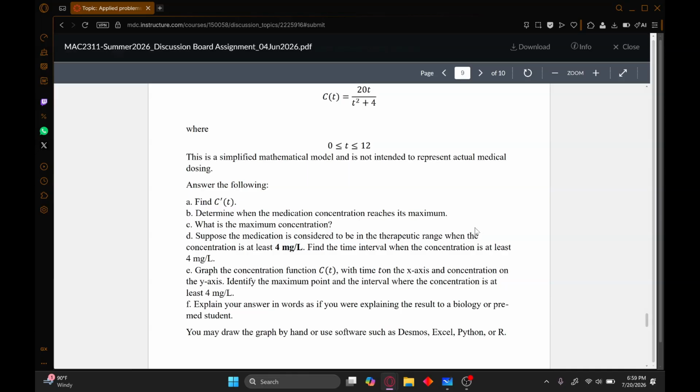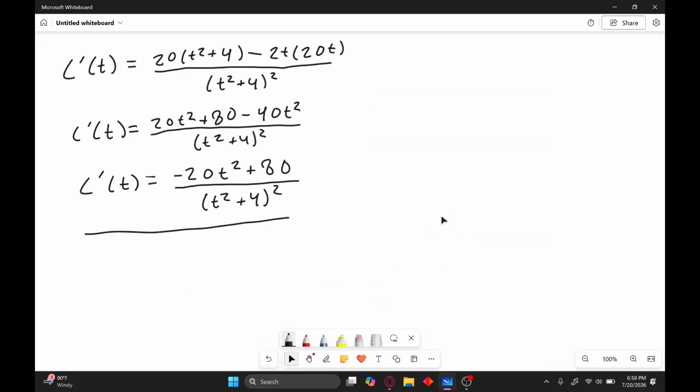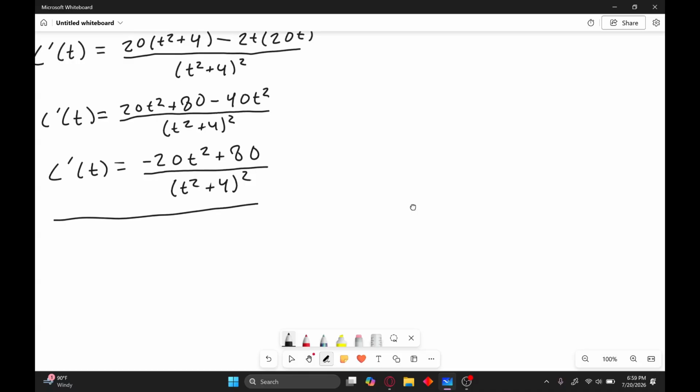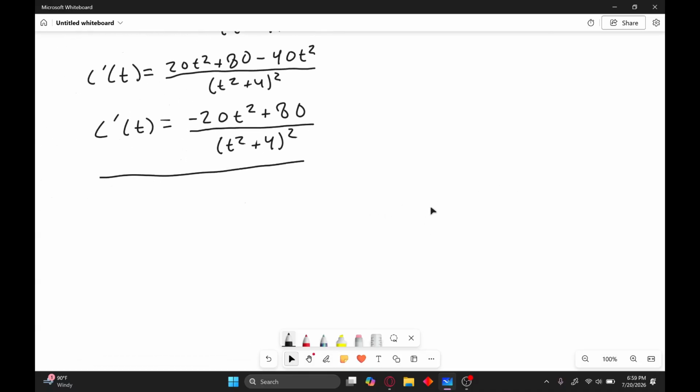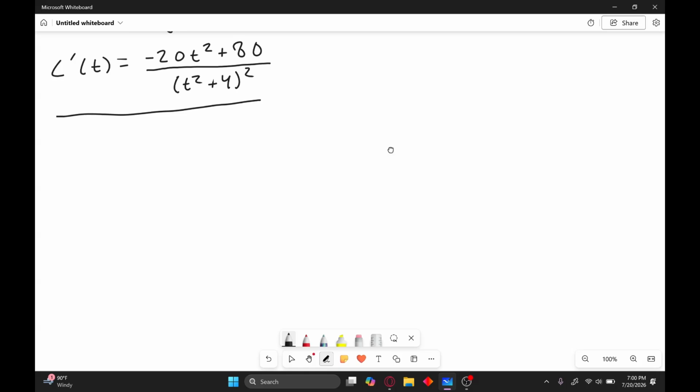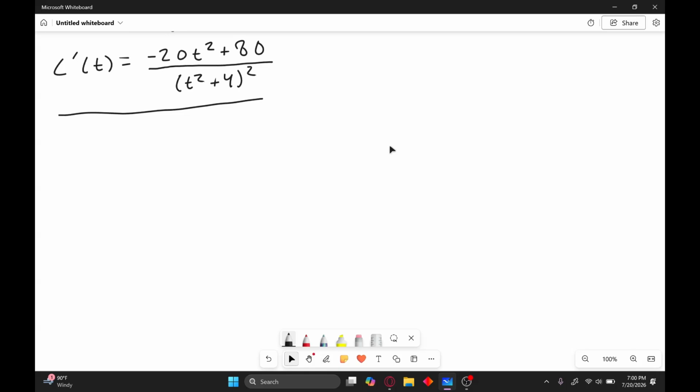So, the second problem is to determine when the medication concentration reaches its maximum. To find this, we need to use the derivative. So here we have the derivative, and we must set it equal to 0 to find the critical points.